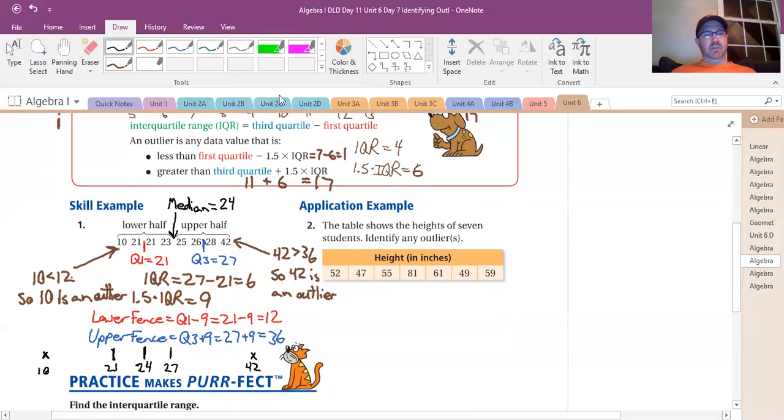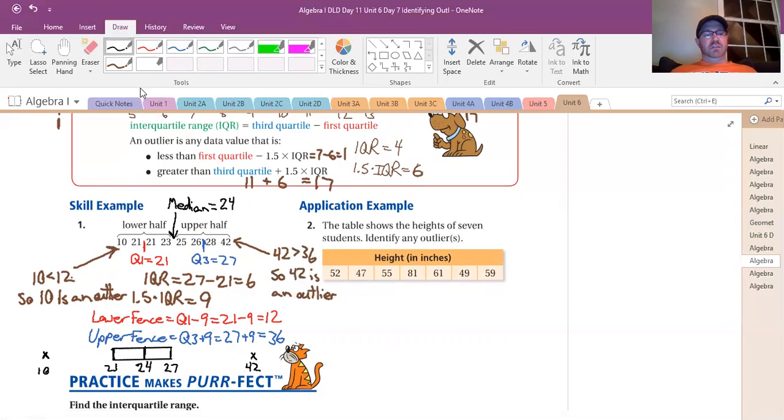Okay, so that means that I'm going to put an X there. So what are we doing with all this? Well, let me get our box drawn. Right there. And right there. So there's the box.